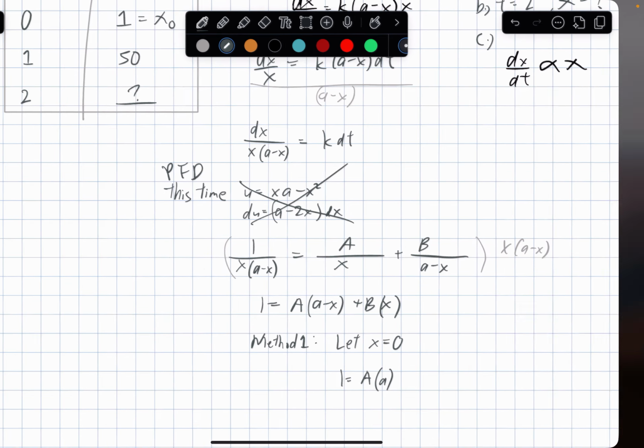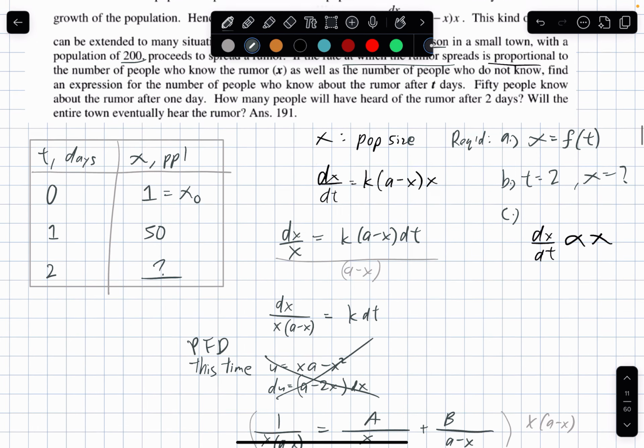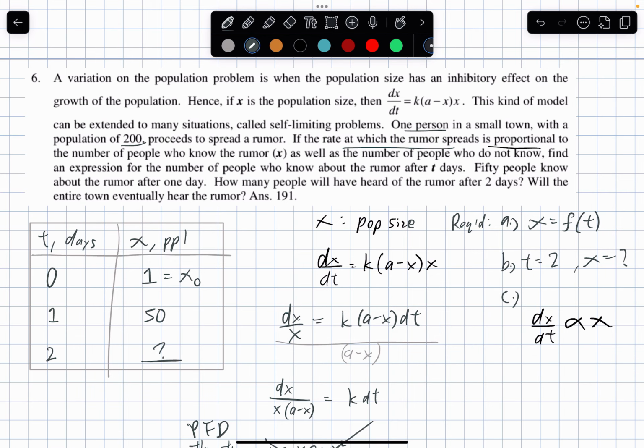How are you supposed to know that? Where is that said? Population of 200. Where does it say that a is 200? Although I think you already know that if you're familiar with the equation.